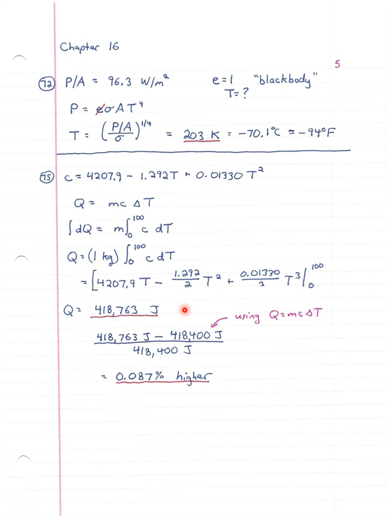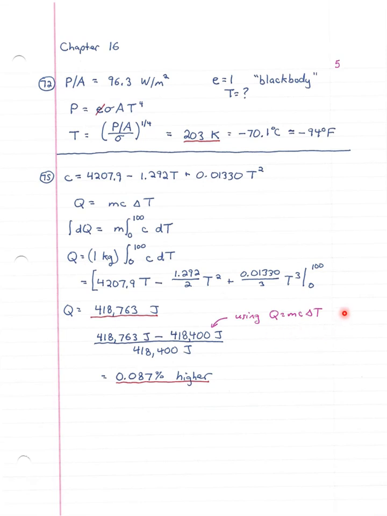Number 75, that is the amount of heat. Now we need to compare. What if we didn't know this new expression that was introduced to us in number 75? What if we just used 4184 joules per kilogram Kelvin? Well, we're looking at 1 kilogram of water over a temperature range of 100 degrees.